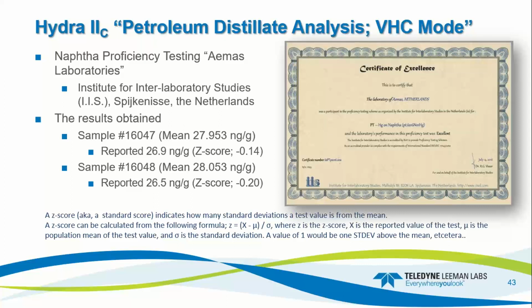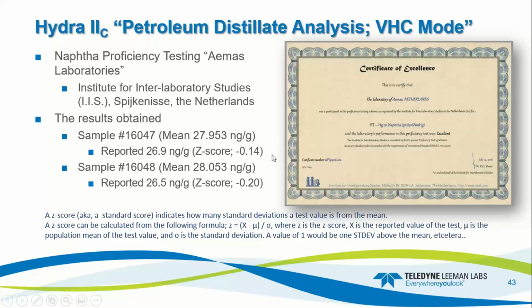So on a performance study, a laboratory in the Netherlands, Amos Laboratories, jumped on a performance study for naphtha, and they achieved a reported value of 26.9 and 26.5 on 2 samples, where the mean was 27.953 and 28.053, and their Z scores were 0.2 or less.